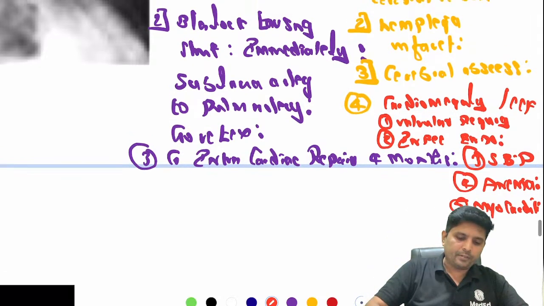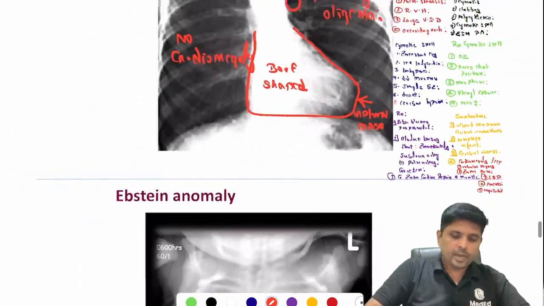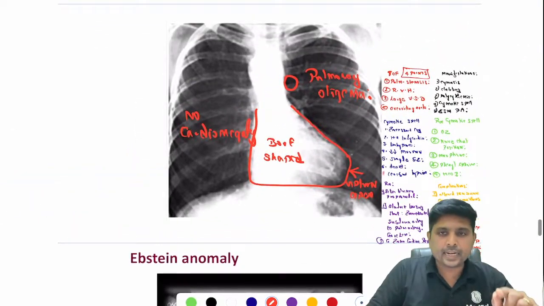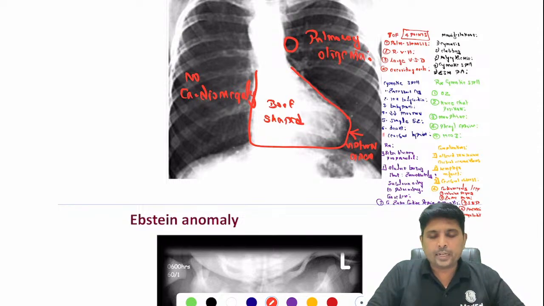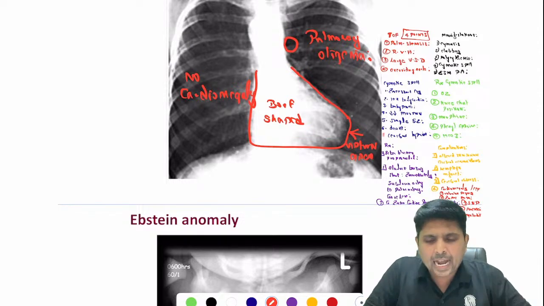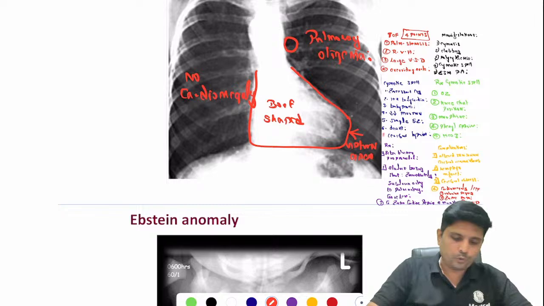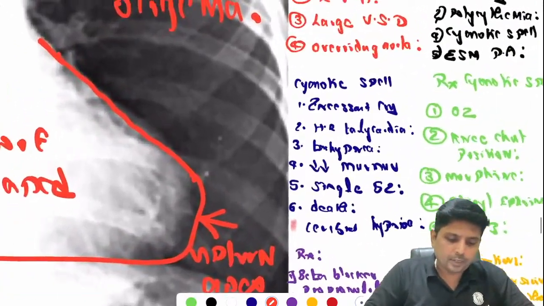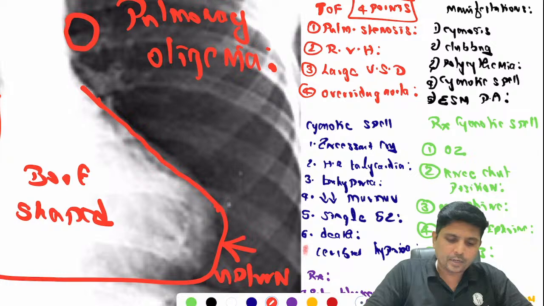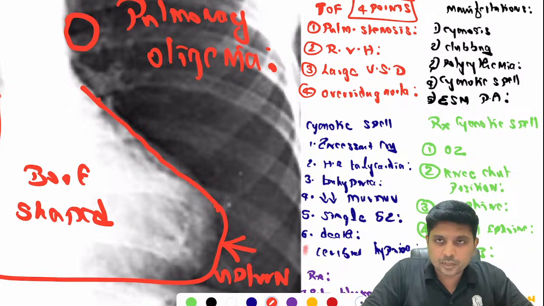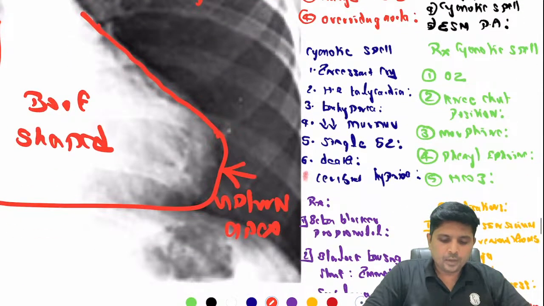This is very important. Look here, I have covered the entire tetralogy of Fallot in this one slide. Tetralogy of Fallot is a damn sure question for you. Look here: what are all the four components? What are all the five manifestations of tetralogy of Fallot?